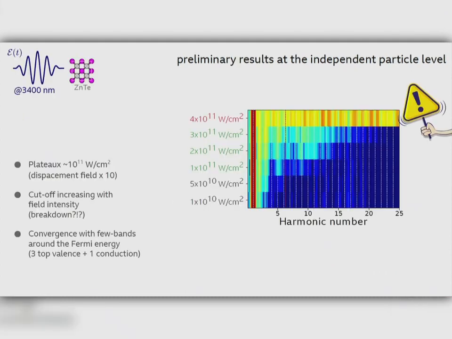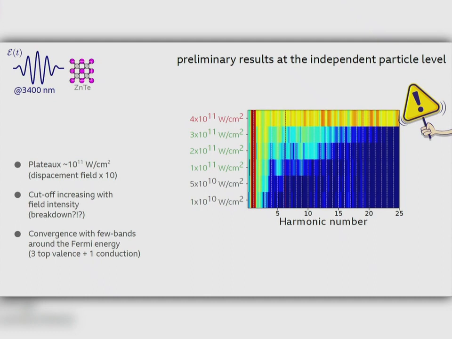These are very preliminary results, only at the independent particle level. The first thing I wanted to explore, since I never pumped my code so much, was whether it could get the effect at all. At about 0.1 terawatt per square centimeter, we start observing some plateau.